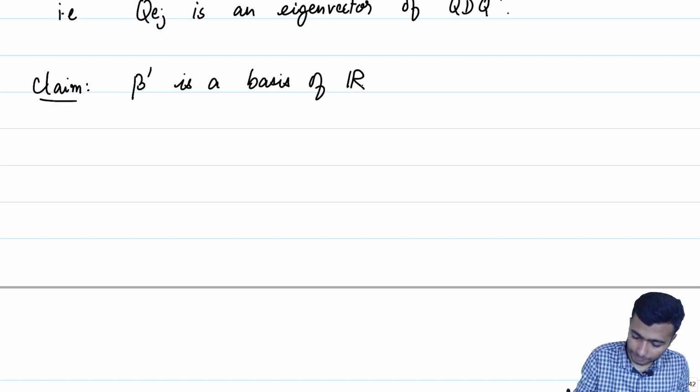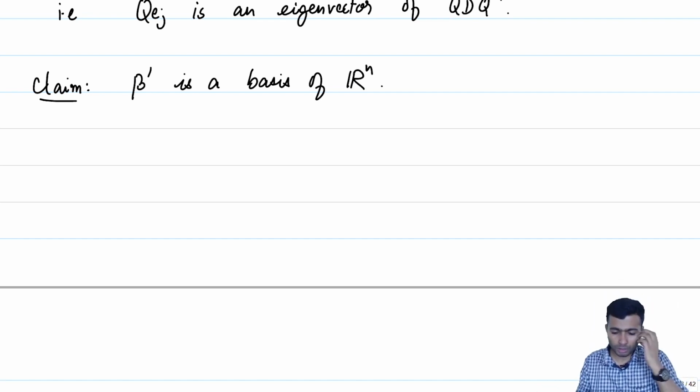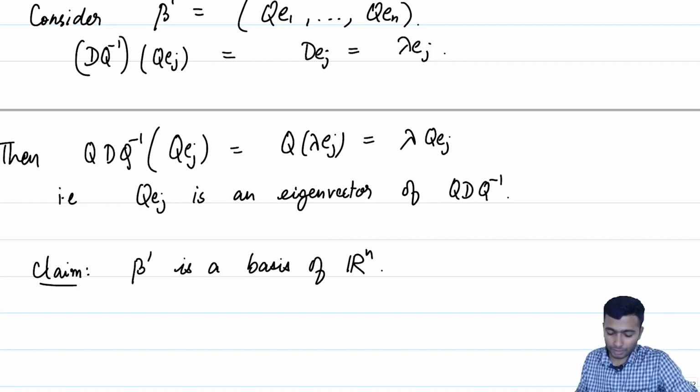of Rn. If we prove this claim, then we are done, because then we would have obtained a basis of Rn, which consists exclusively of eigenvectors of our given matrix, or given linear transformation, whichever way you want to look at it. But then what is beta prime?